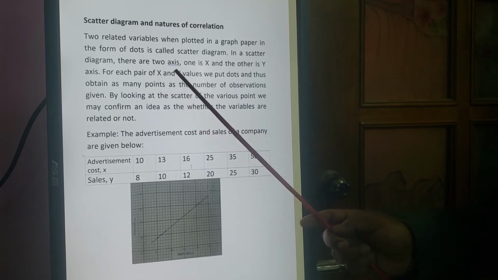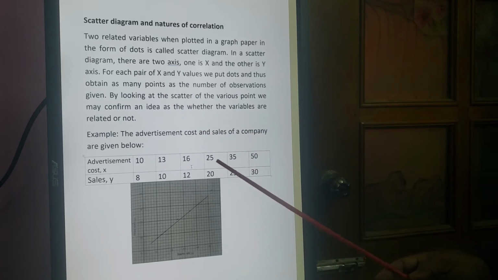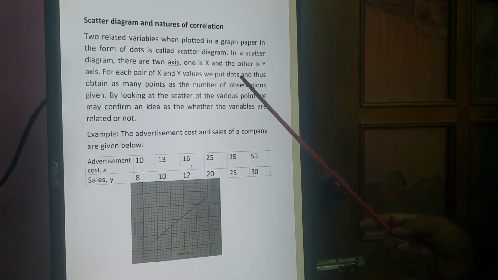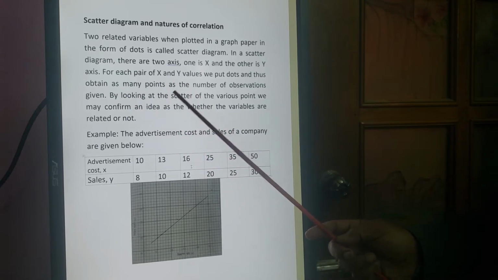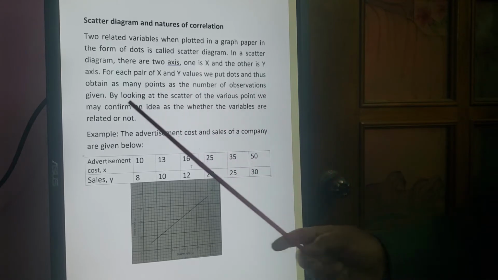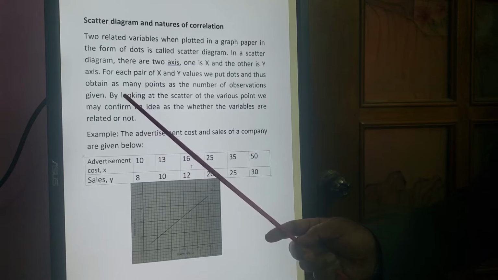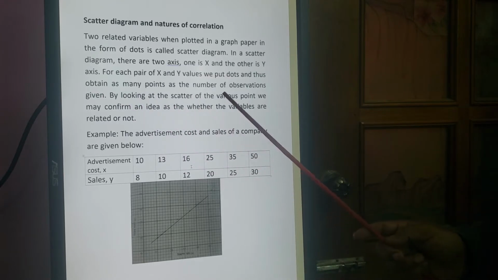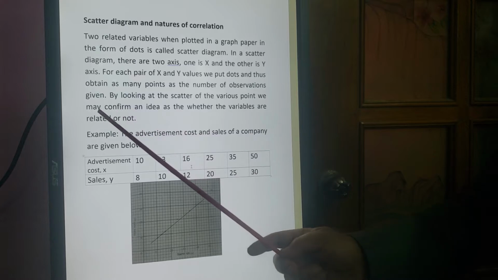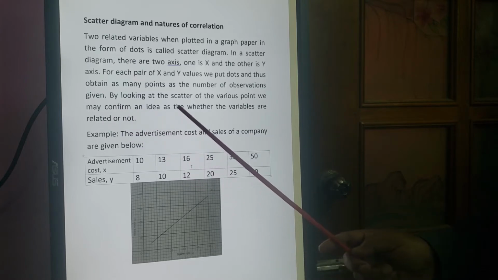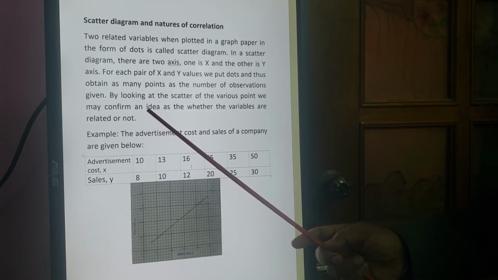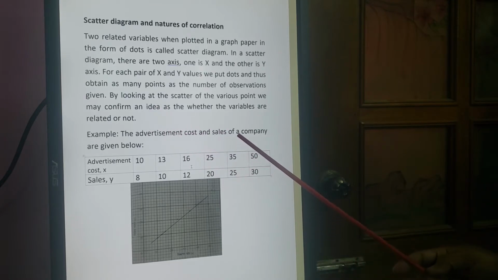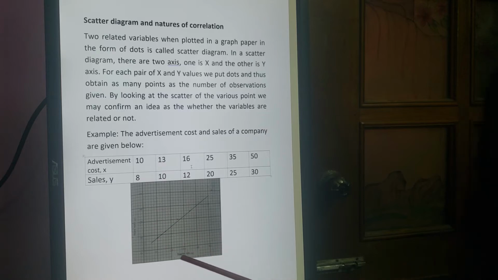For each pair of x and y, we put a dot and thus obtain as many points as the number of observations given. By looking at the scatter of the various points, we may confirm an idea as to whether the variables are related or not. If I give you an example, then this is very easy for you.